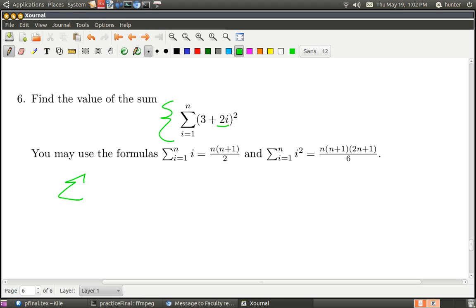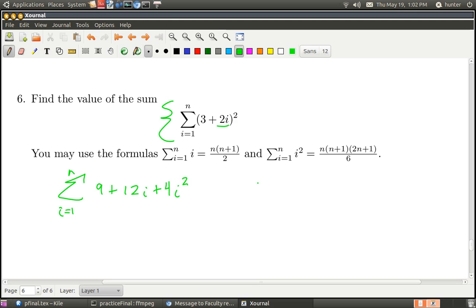So I've got sigma i equals 1 to n of 3 squared, which is 9, plus what happens here? I get 6 of these, right? And then 2 of those, so 12 times i, and now I've got plus 4i squared.